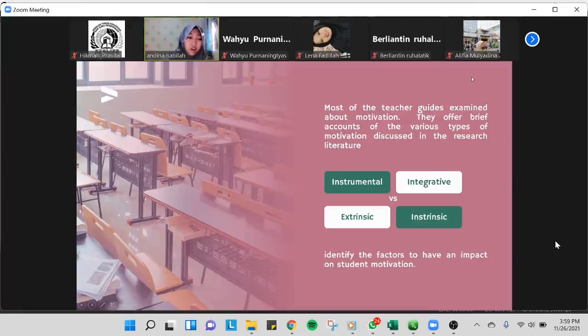As the second speaker, I would like to explain in a bit more detail the first material, the factors of the method. Most teacher guides examine motivation. They offer brief accounts of the various types of motivation discussed in the research literature, like instrumental versus integrative, and also extrinsic versus intrinsic, and then identify the factors likely to have an impact on students' motivation.